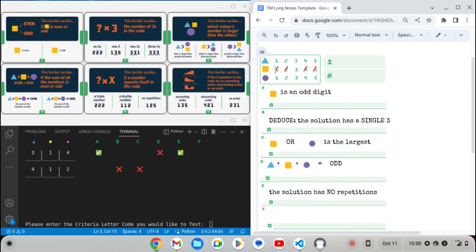Or it doesn't tell us. Well, and again, like I said, 3 can't be the biggest. So I guess circle must be the biggest since triangle was not. But let's see. You could have ascending, descending.